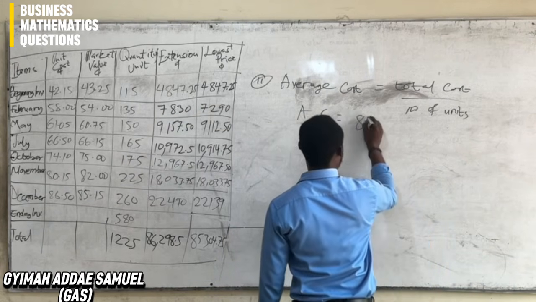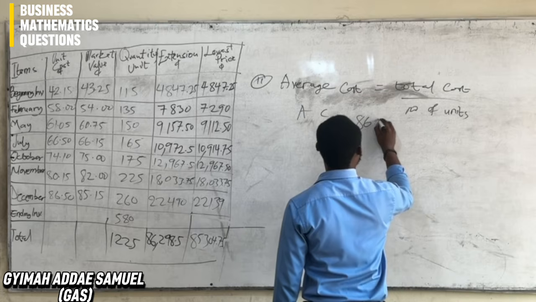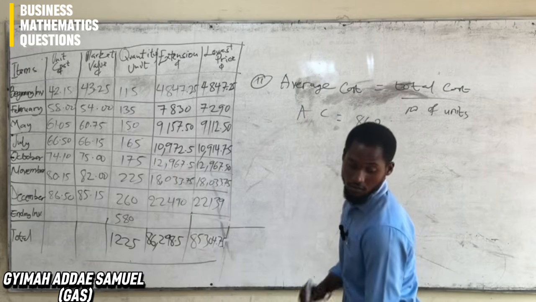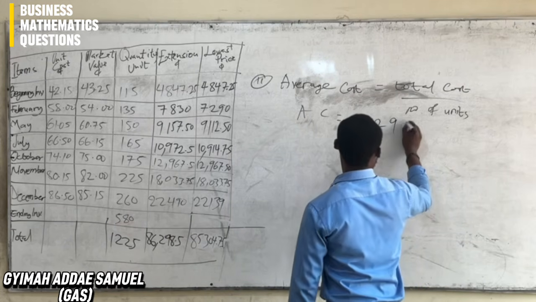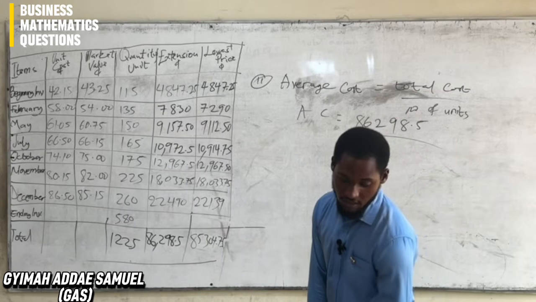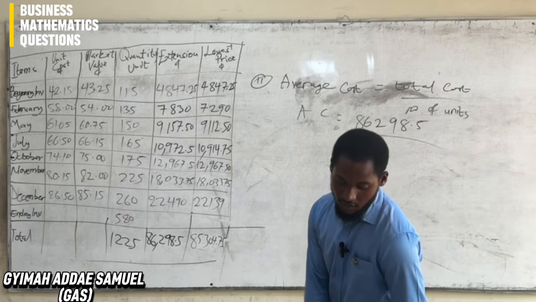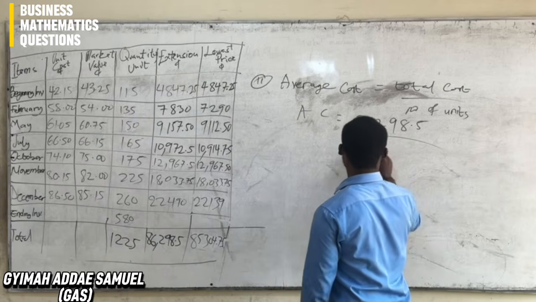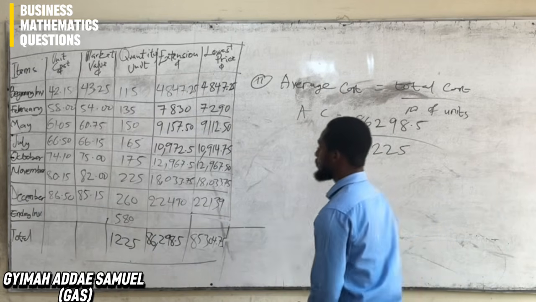So the average cost is 86,298.5 divided by the number of units, and the number of units we have is 1,225.